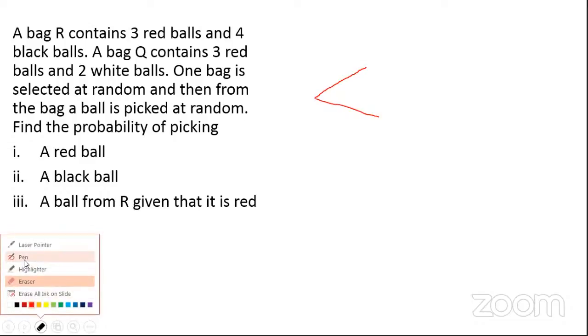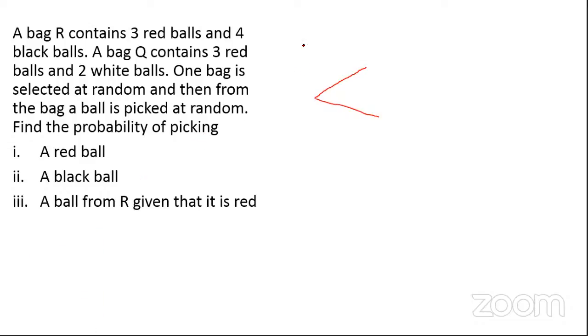One of the arrows indicates bag R, and then this is bag Q. And then we draw our 2 bags and indicate what is in each bag. But before that, what is the probability of picking bag R and the probability of picking bag Q?